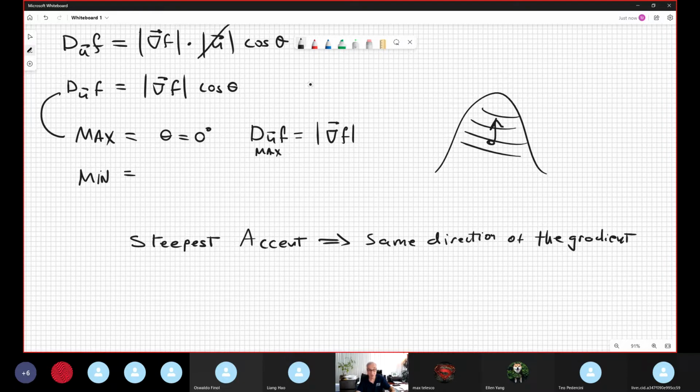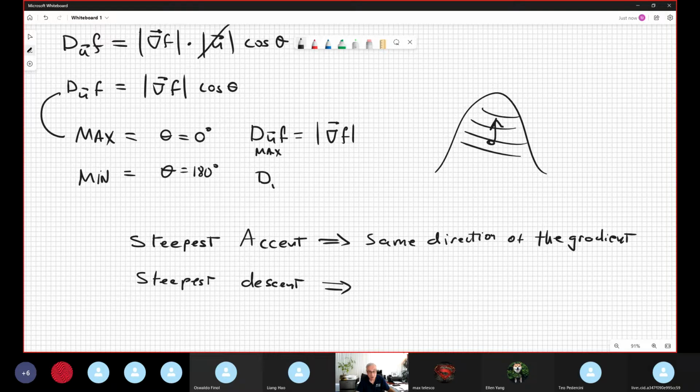However, what is the direction in which you descend faster? Ah, okay, it's the steepest descent. It's when it's minimum, no? And minimum is when theta is equal to 180 degrees, pi. In this case it is negative, no?